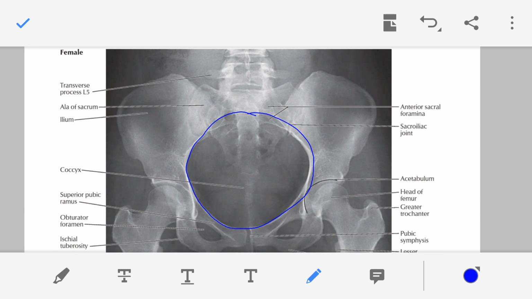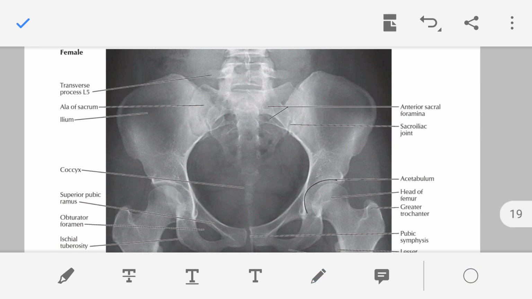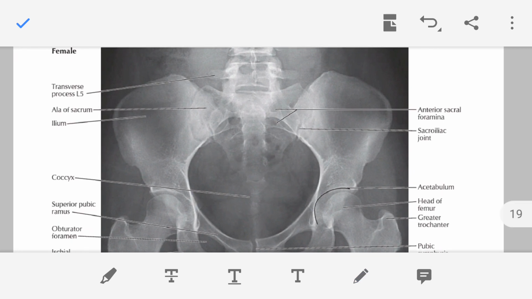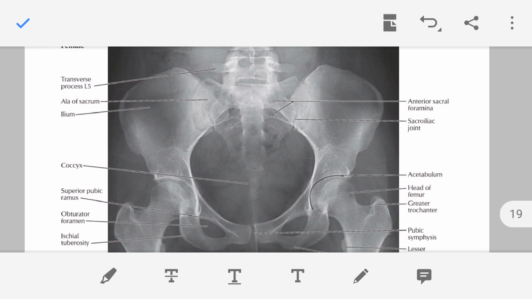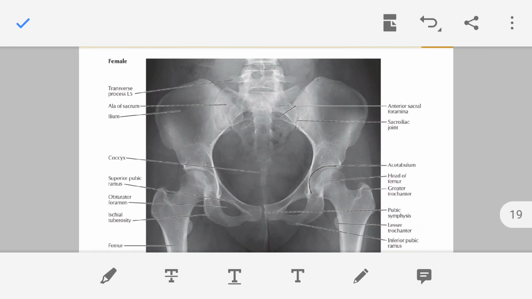You know a female has to bear a pregnancy of 9 months, and during this time the baby's body is going to develop, and all the body systems and organs are going to develop. So during the pregnancy, to accommodate the baby's body, the pelvis of the female is wider.